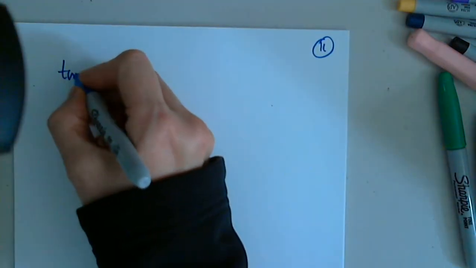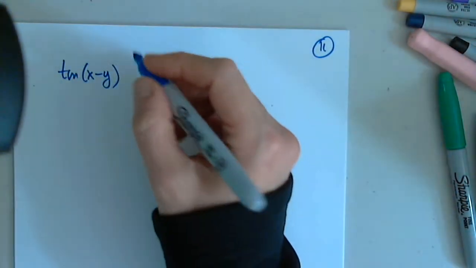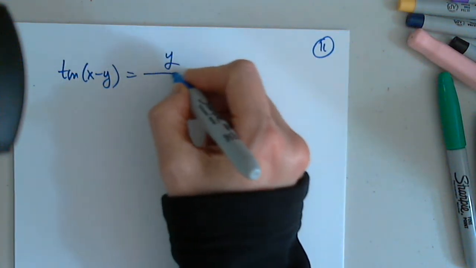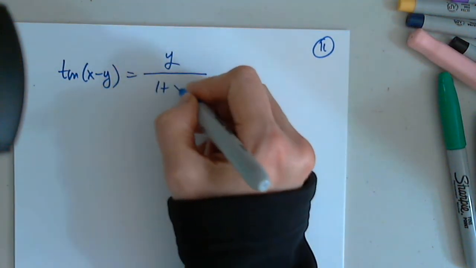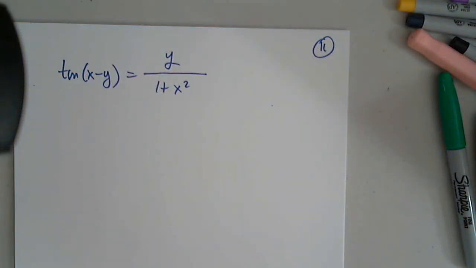Would you choose one, please? Yes. Let's say tangent x minus y equals y divided by 1 plus x squared. Is this okay? Yes. Perfect.